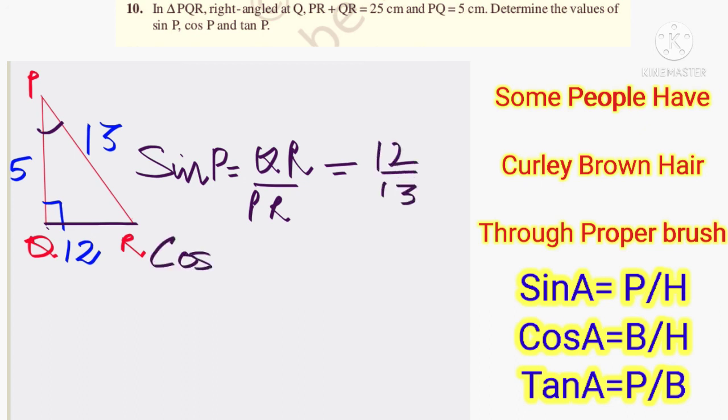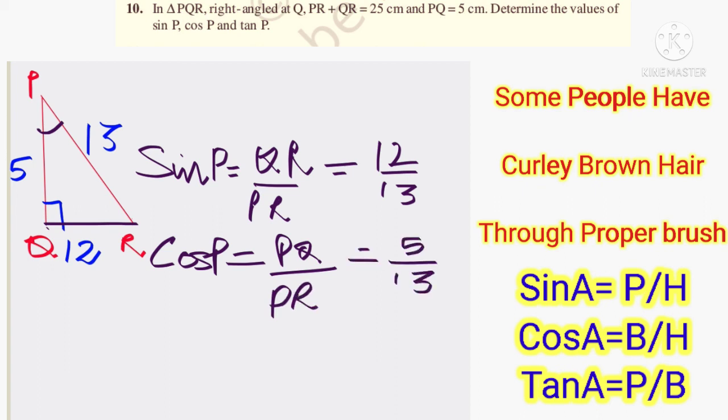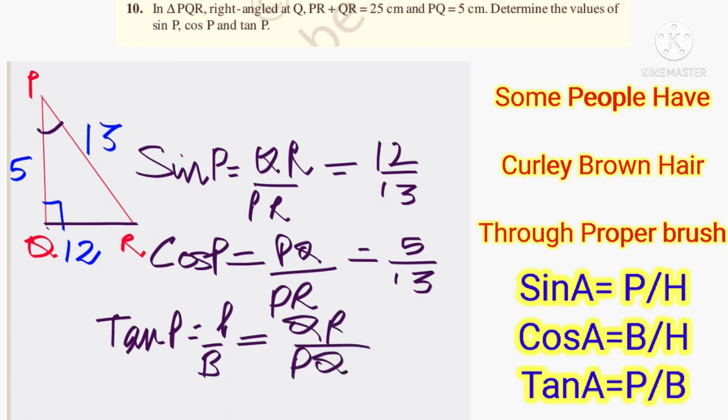Let us write down the value of cos P, that is base PQ upon hypotenuse PR. So the answer comes out to be 5 by 13, and tangent P is perpendicular QR upon base PQ, and I get the answer as 12 by 5, and we are done.